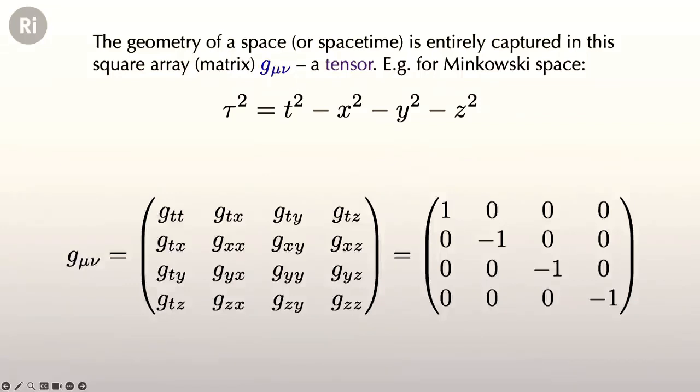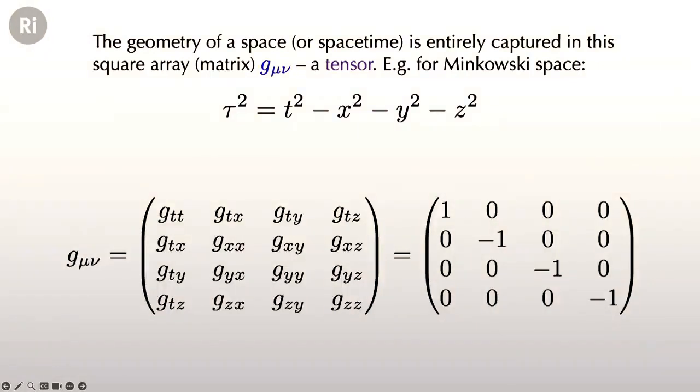In terms of that little formula we had on the previous slide, that means that G mu nu is usually 0, right? There's no term in the equation that is x times y, for example. That's why you get all the zeros on the right here. But in principle, the rest of them you can read off. The G00 or GTT is +1, GXX or G11 is -1, and so on.